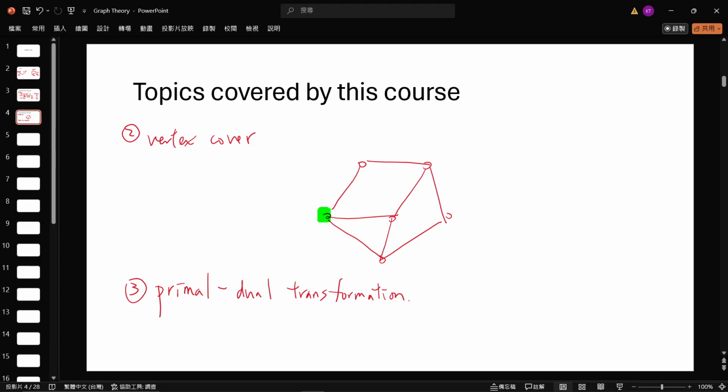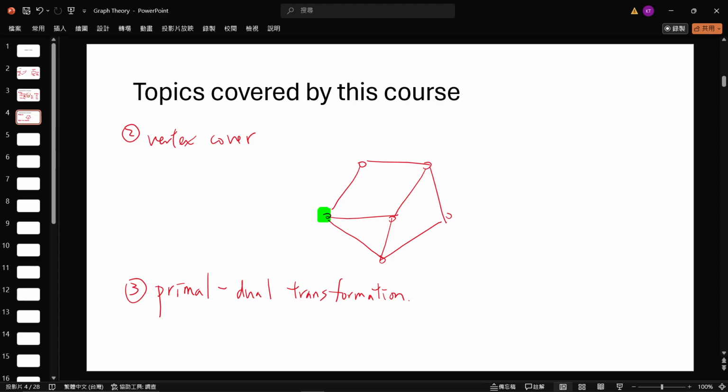Okay. So this transformation can be applied to not just graph theory, okay? Whenever you have an optimization problem, say, I'm not sure if you have heard of linear program, or mixed integer linear program. Anyway, you have some constraints, you have some objective function that you want to maximize or minimize, then you have an optimization problem.